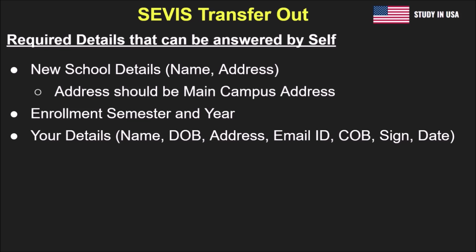So I am going to explain about that. If you are watching this video, whatever details I'm asking you to email the new school for, please do that and get the answers beforehand, so that you don't have to wait for them to answer those details in the future while you are actually applying for the process.